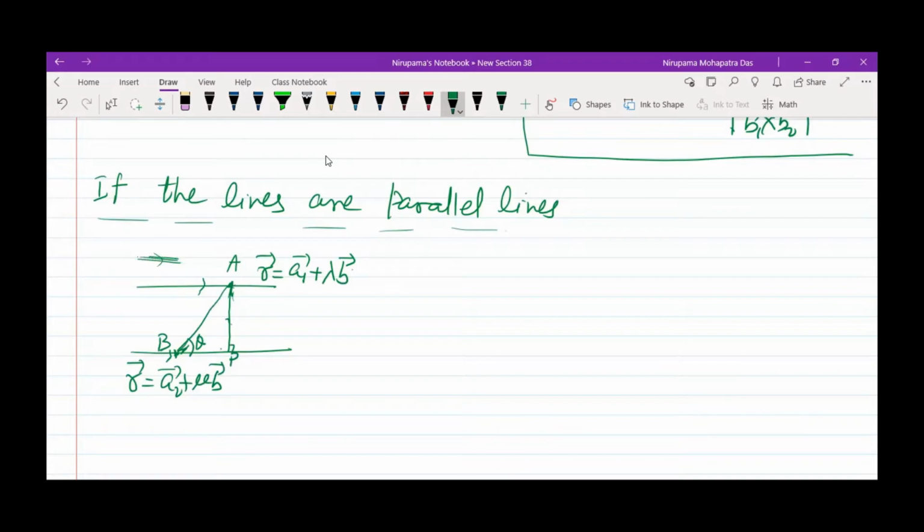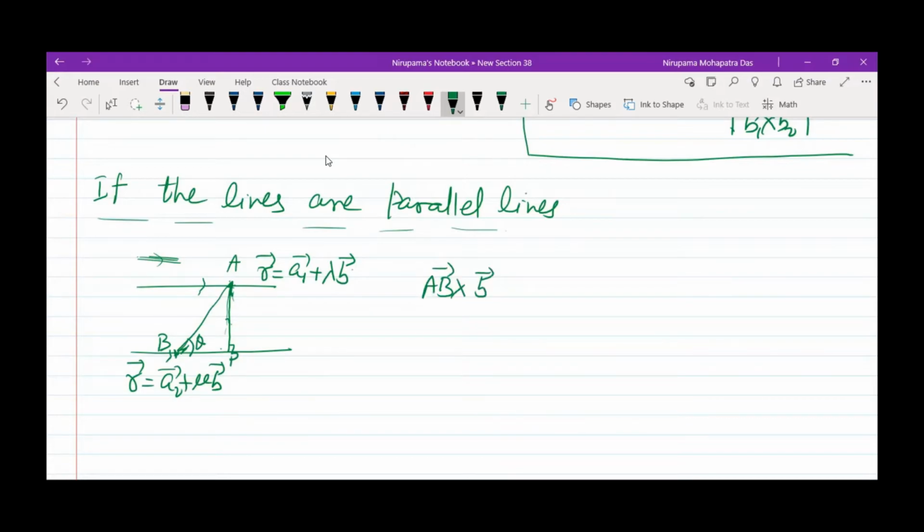Because this line is parallel to this, this one is perpendicular to the B vector. Now if I take the cross product of these two vectors, AB vector cross B vector, and why am I taking this?